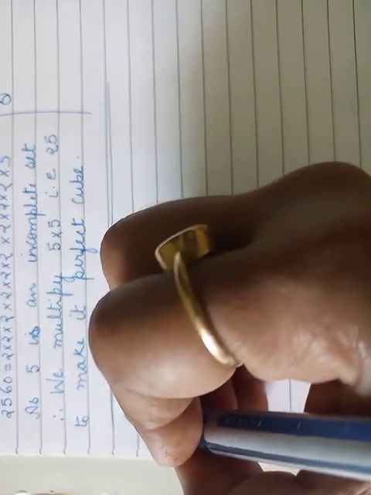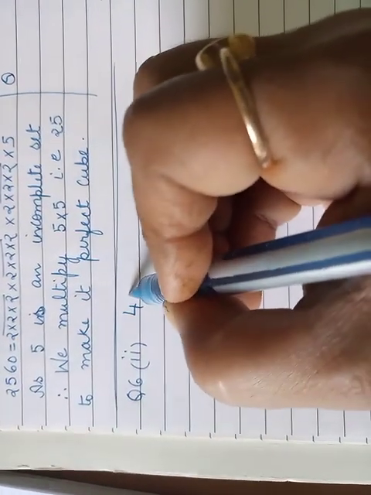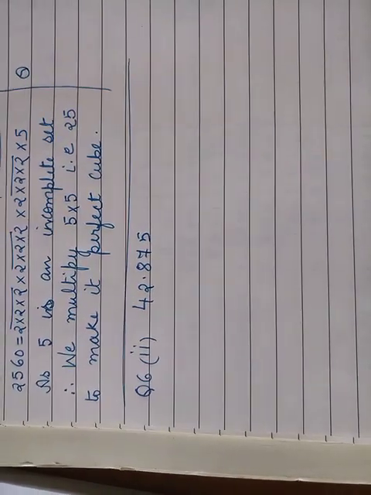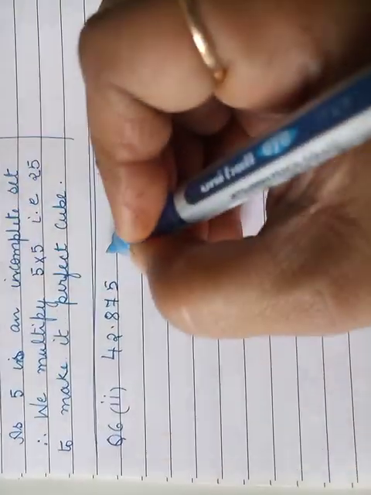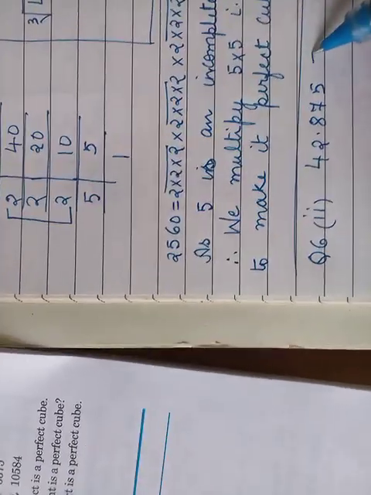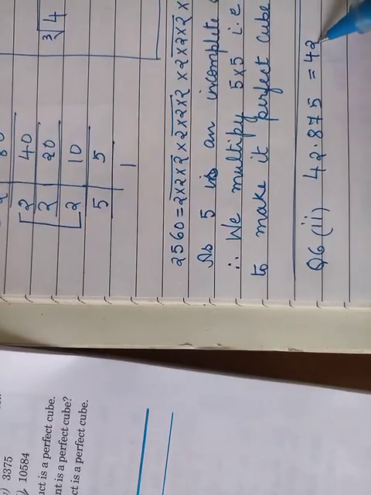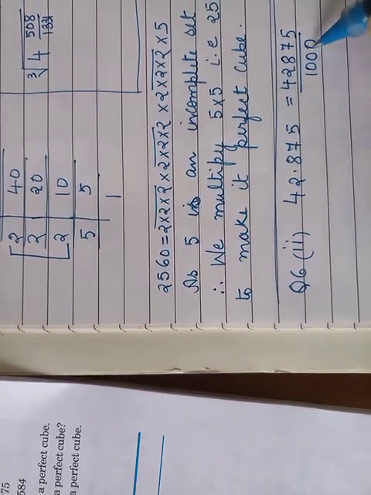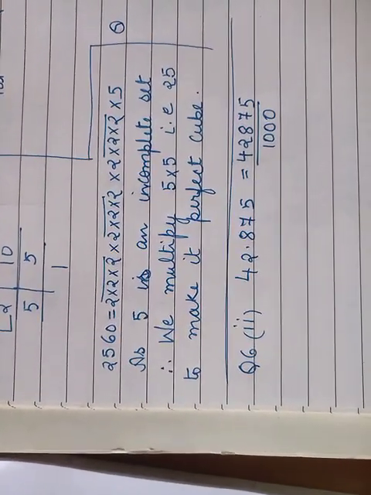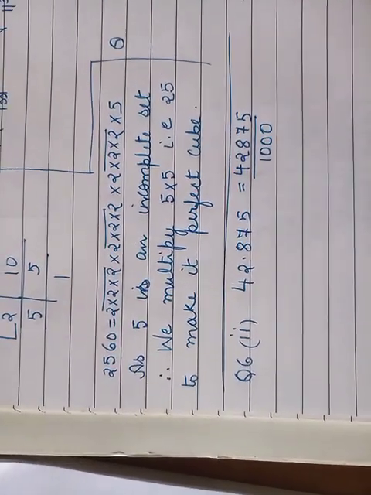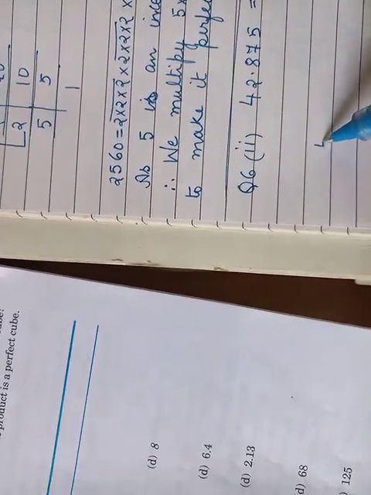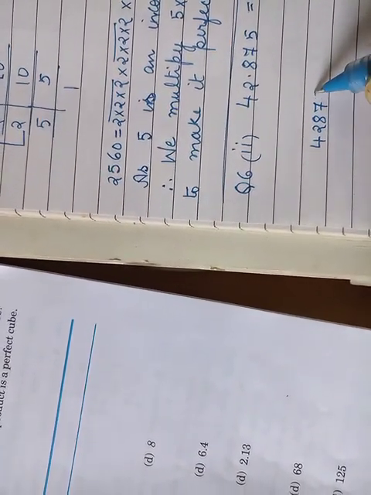Now I discuss question number 6, third part, that is 42.875. Whenever we have decimals, we remove the decimal and write the number of zeros in the denominator. So what we'll get? 42,875 upon 1000. Okay children. Now we have to do the prime factorization of 42,875.